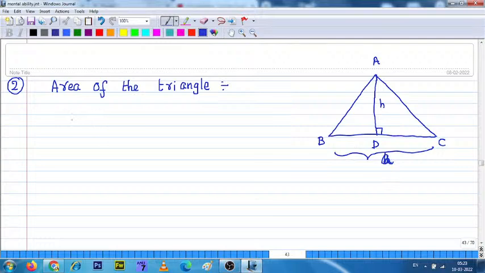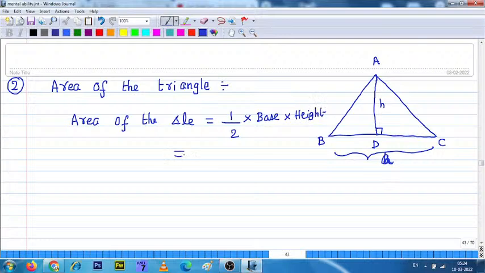Now the area of the triangle is given by the formula half of base into height. According to this figure, base is nothing but a, height is h.